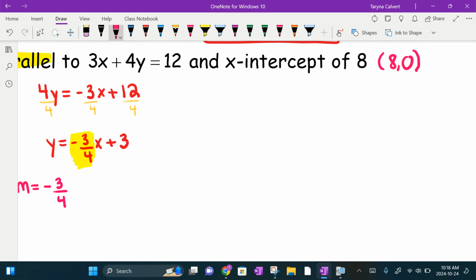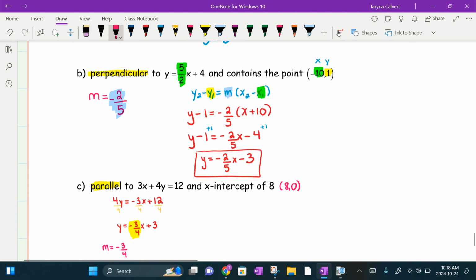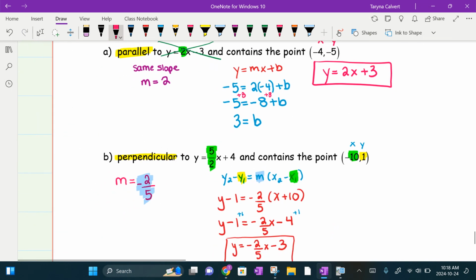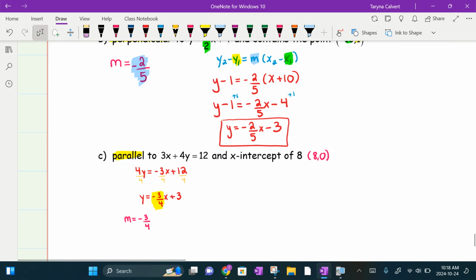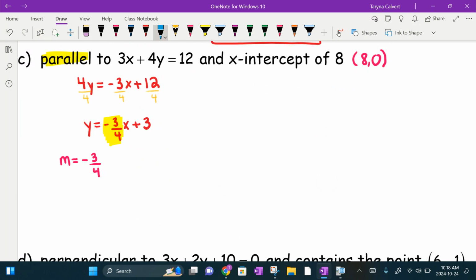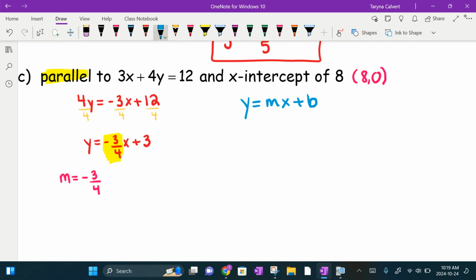So then technically, are we doing the same thing as we did in the first one and the second one? Yeah, so your choice. I'm going to go back to y equals mx plus b now. I'm going to just keep alternating. So if I write it using this formula now, because again, we need slope and we need y-intercept. So x-intercept is still a point. So my x value, yes, is 8, but my y value is 0.